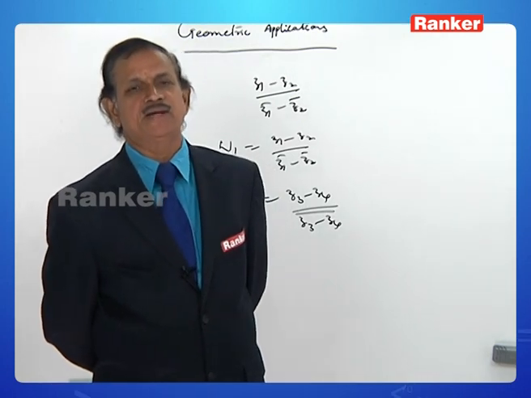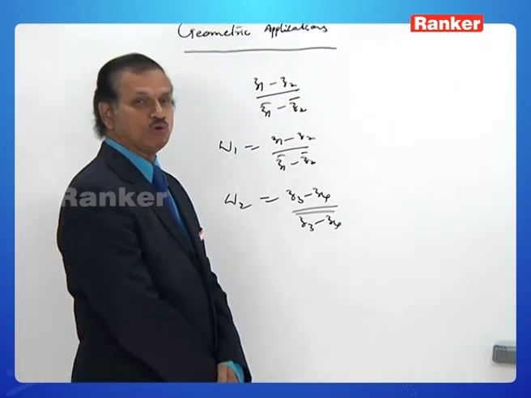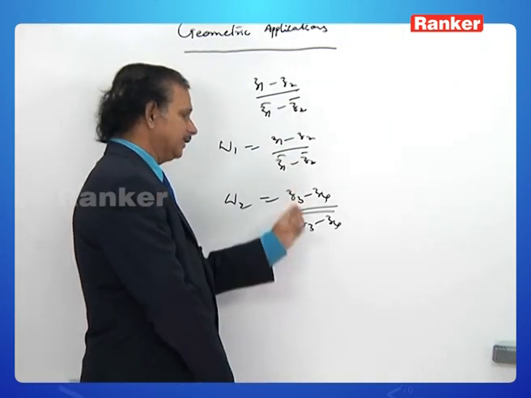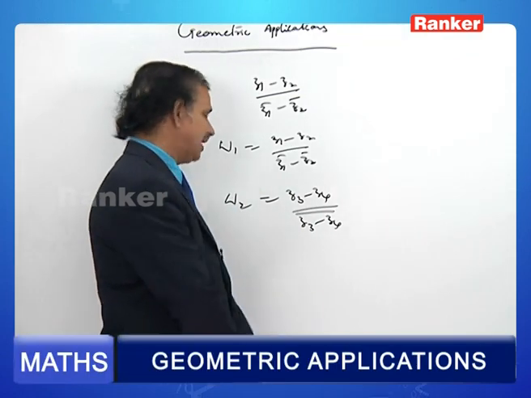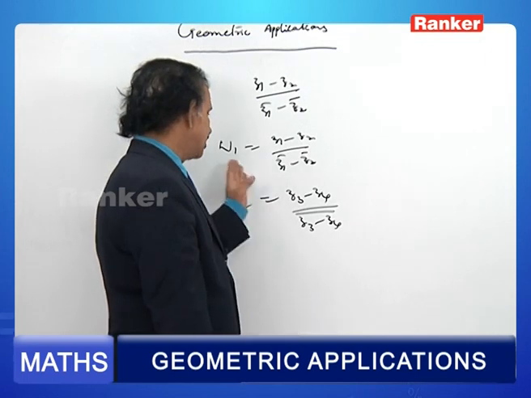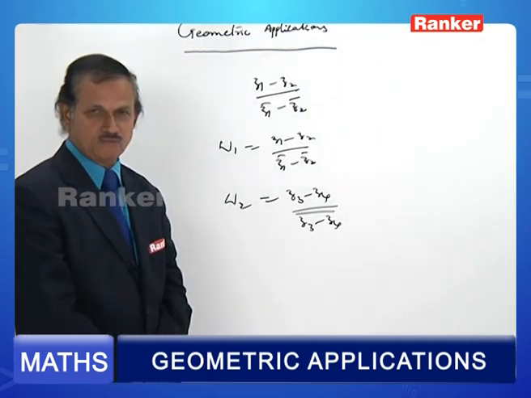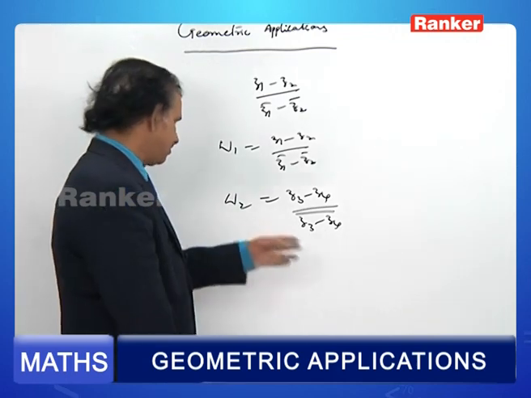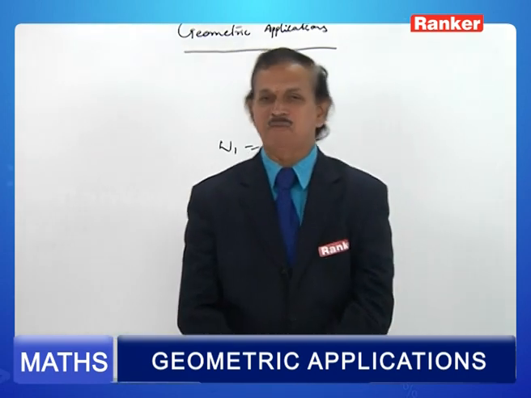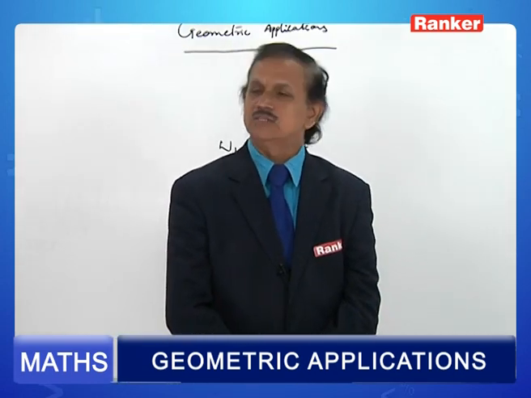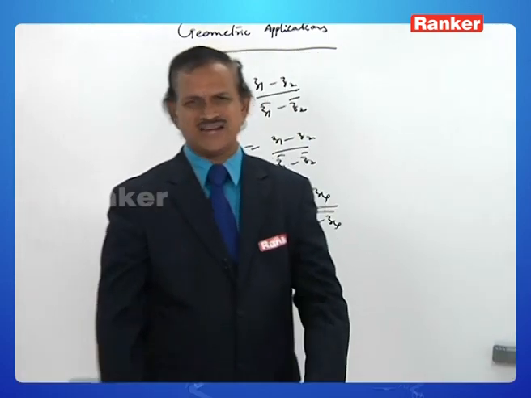About the perpendicularity of W1 and W2, the amplitude of W1 by W2 must be pi by 2. You can notice that both W1 and W2 have unit modulus. The modulus of W1 is the modulus of Z1 minus Z2 by the modulus of Z1 minus Z2 bar, which is nothing but 1. So you can write it in terms of pi; the proof is a matter of time.